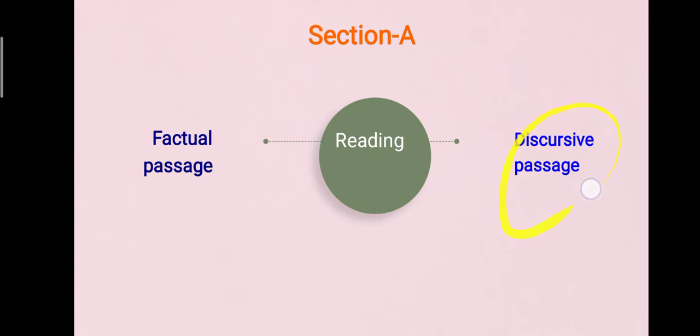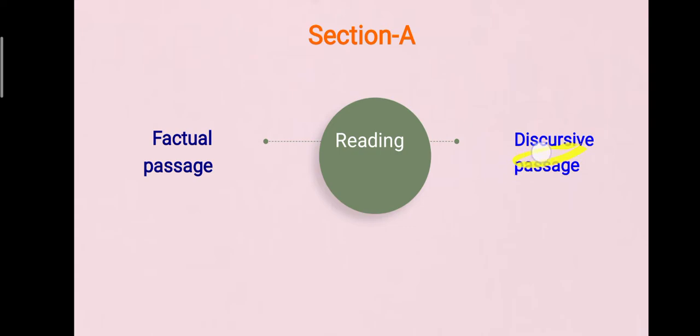So the second is discursive passage. So discursive passage means it may include the opinion of a person, which is generally argumentative or sometimes persuasive, and interpretative. So it allows the students to arrive at a conclusion through reasoning and understanding rather than intuition.